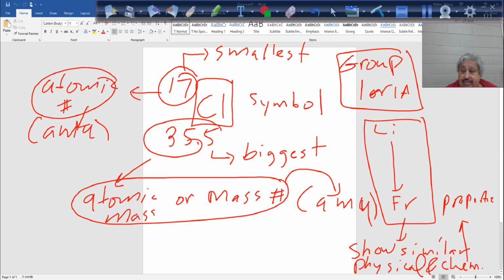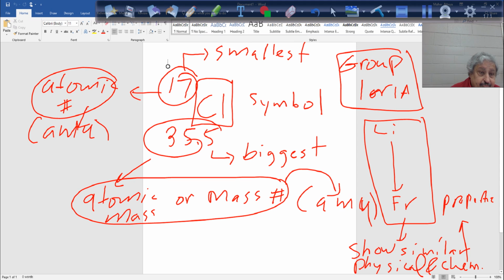So you can see within the group you have identical or similar properties. Within the period we don't have similar properties.